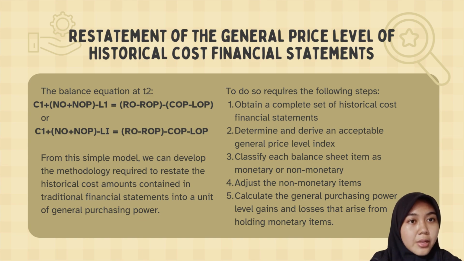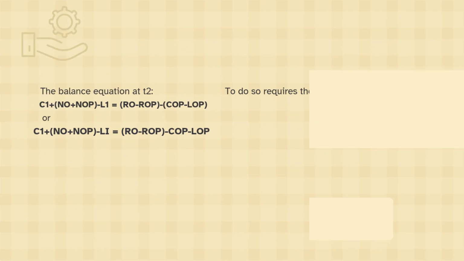The fourth is to adjust the non-monetary items using a conversion factor to reflect the current general purchasing power level. And the last is to calculate the general purchasing power gains and losses that arise from holding monetary items. Okay, the first discussion ends here, and the material for the next discussion will be delivered by my friend.